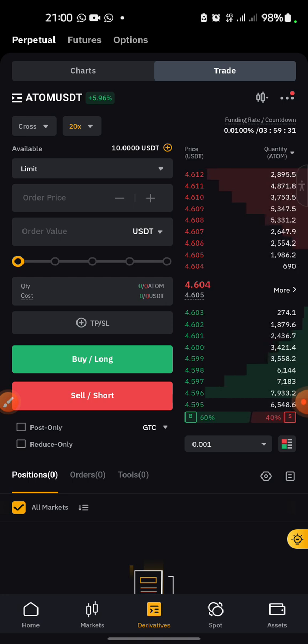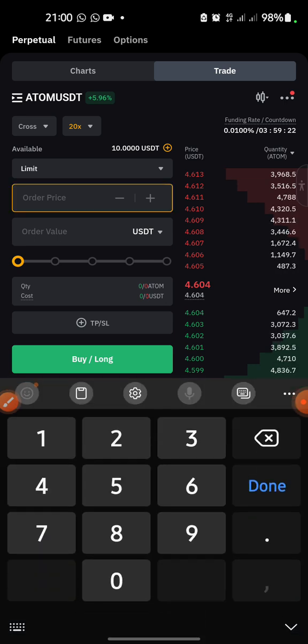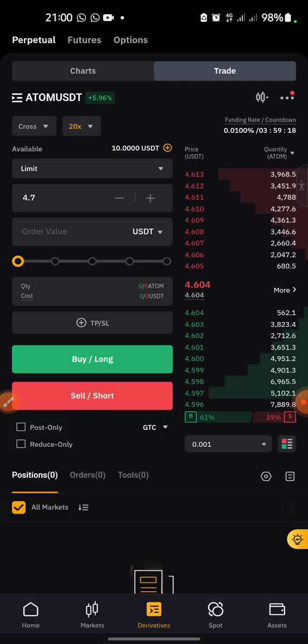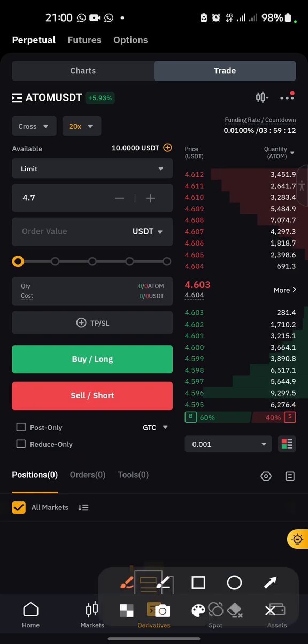I might send a limit order for ATOM/USDT at a price of, let's say, 4.7. So basically what this 4.7 means, as you can see, the current price of ATOM here is 4.603.